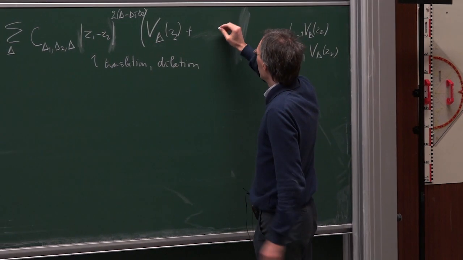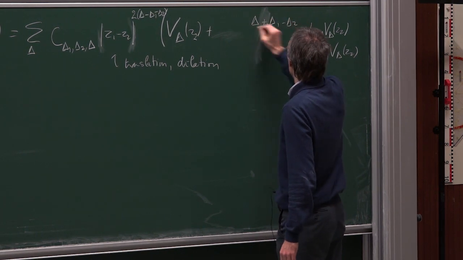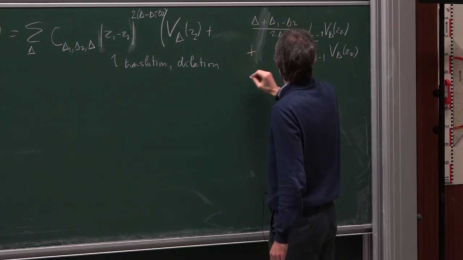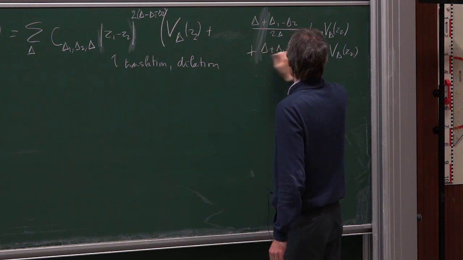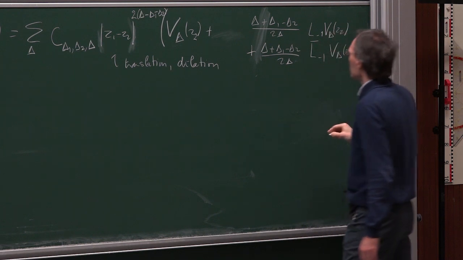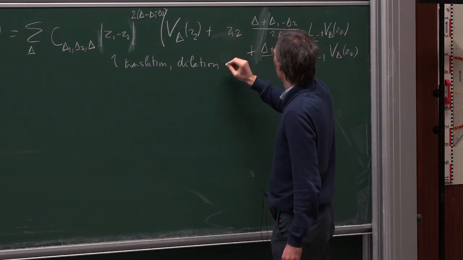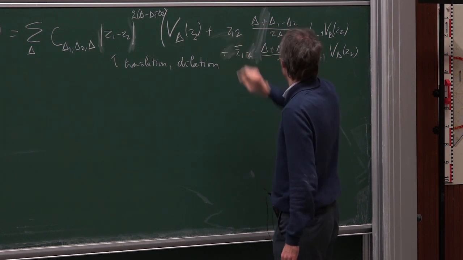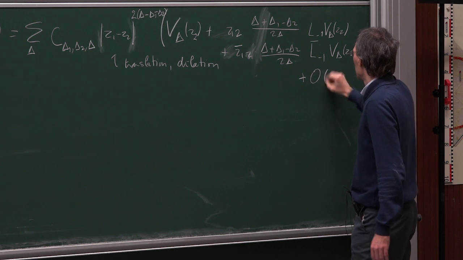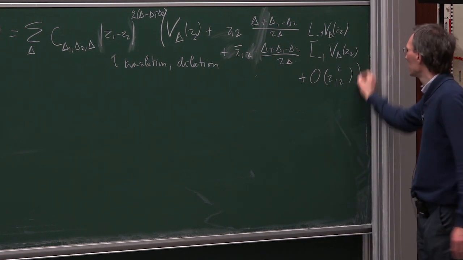And you can find that the coefficient here should be delta plus delta 1 minus delta 2 over 2 delta. And here, well, the same coefficient. And here is a Z1,2 prefactor. Here is a Z1,2 bar prefactor. And the next corrections are of order Z1,2 squared.